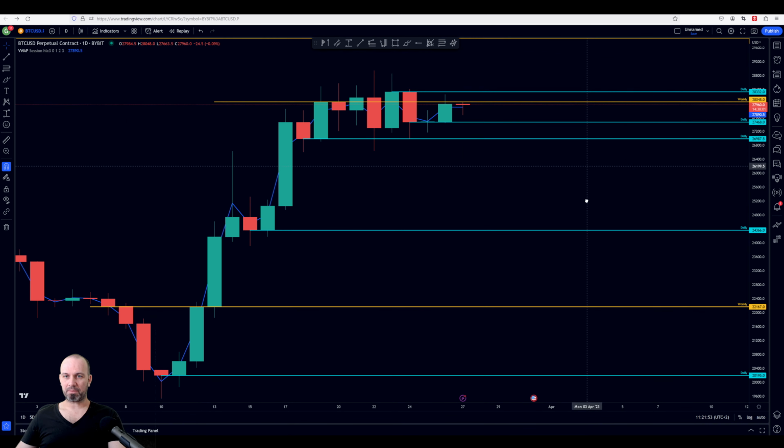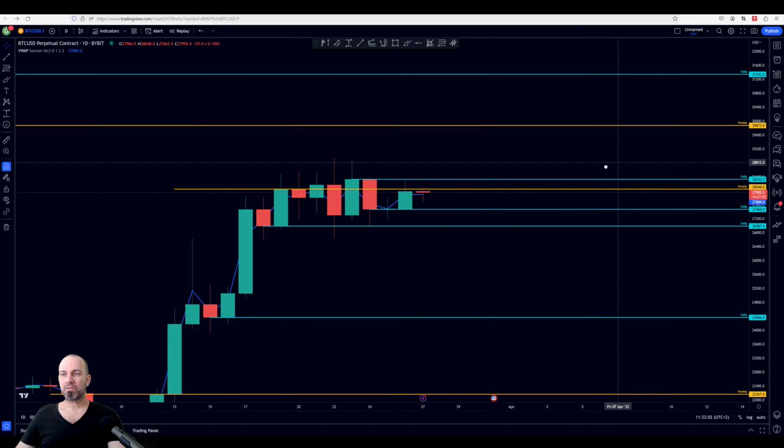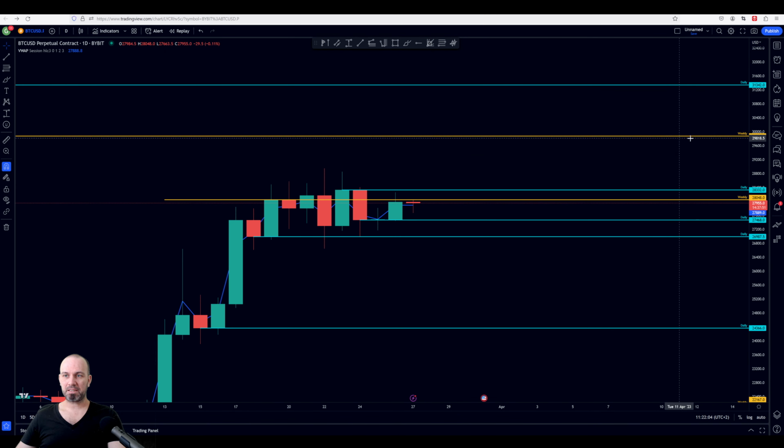And also to the upside, we do have a new weekly level here, $28,048, okay? And this is where it becomes interesting. Untapped weekly level, 29,873, and untapped daily level, 31,342, right? And why is this important?